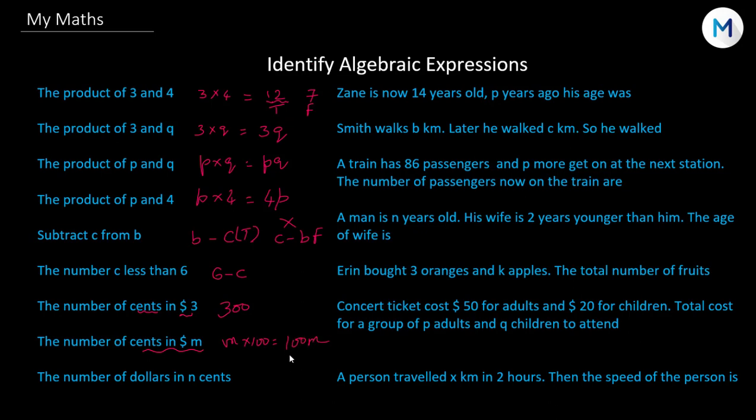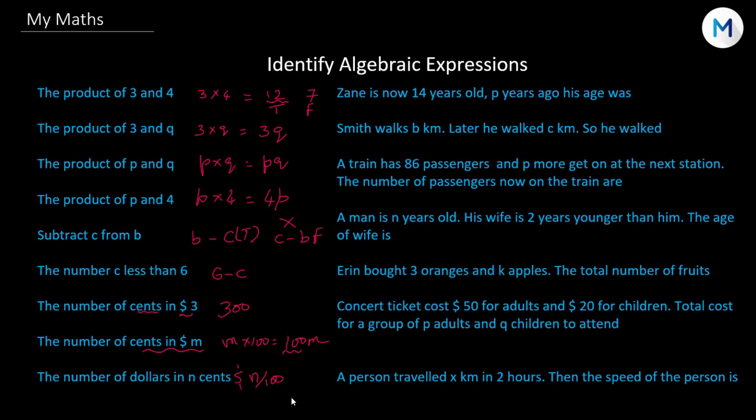We write the constant first and then the variable, so this is 100M. Now, the number of dollars in N cents. Since $1 has 100 cents, N cents will be N by 100 dollars.